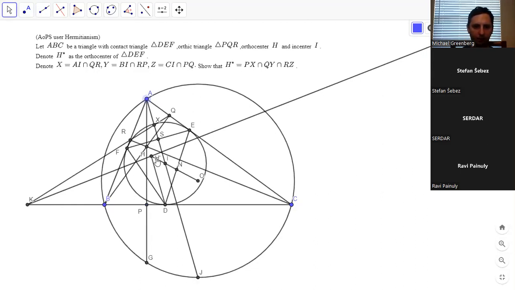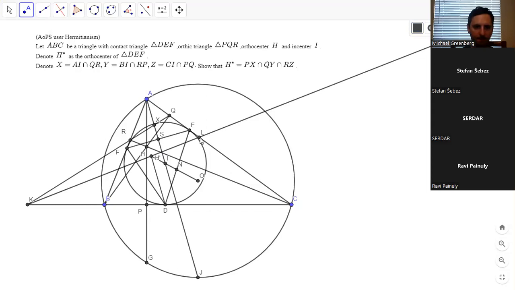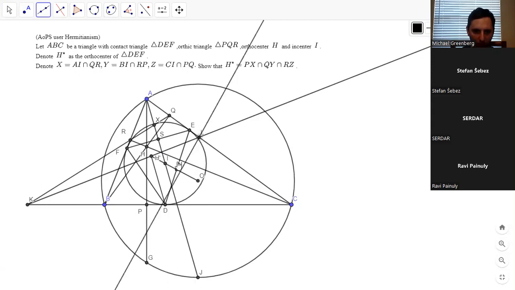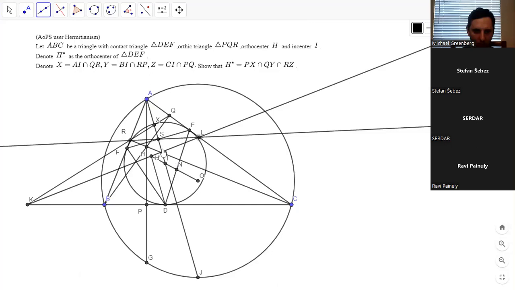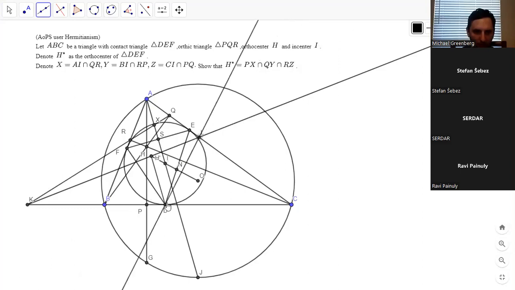We have P, H prime, X. We get Q, C, and I don't know if there's something special about that point. Yeah, not that I know of.